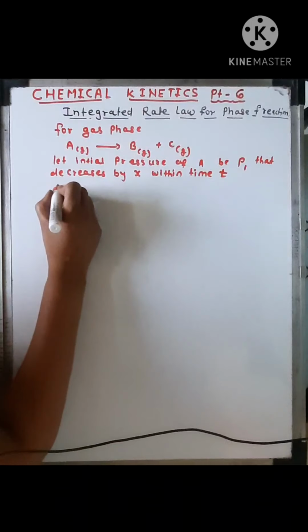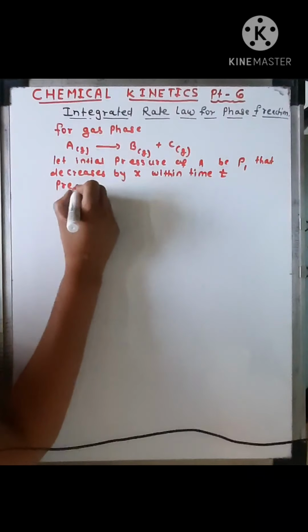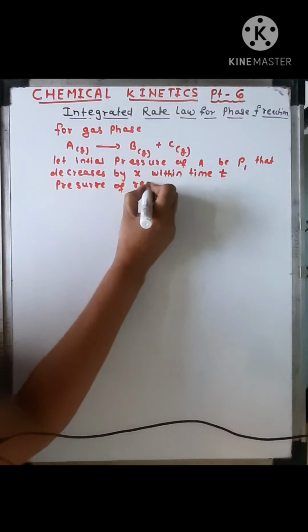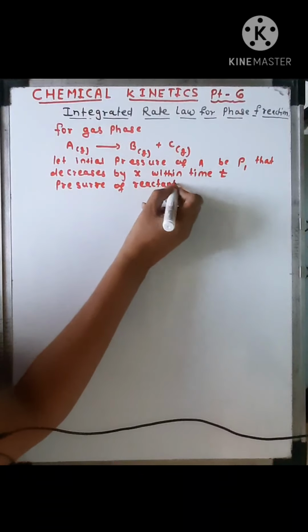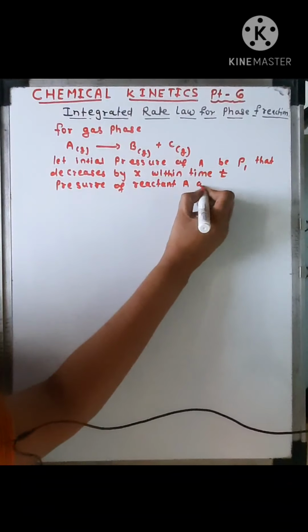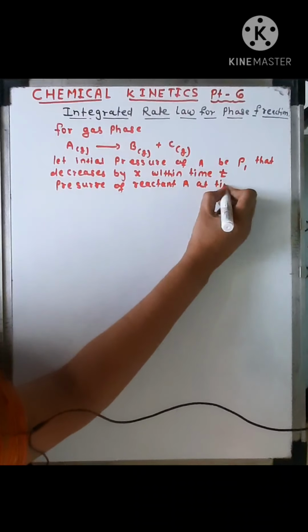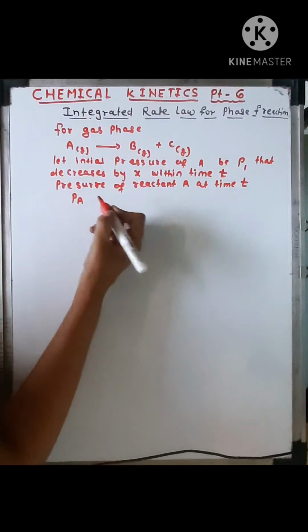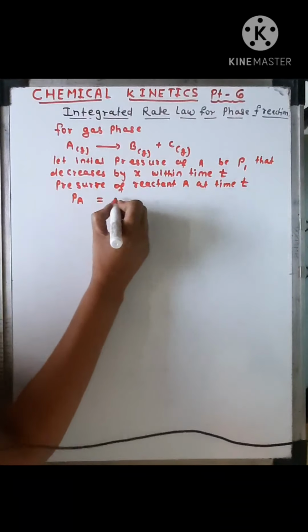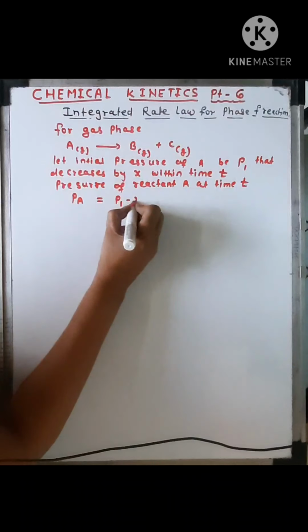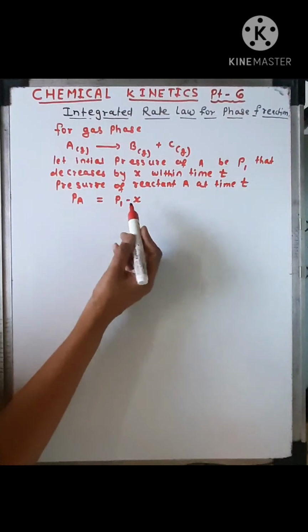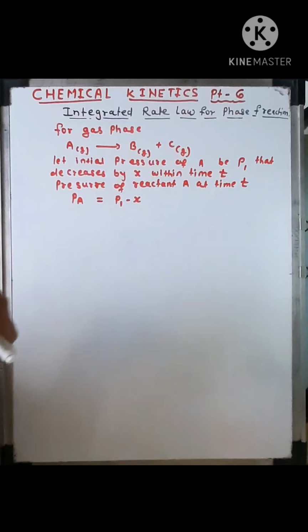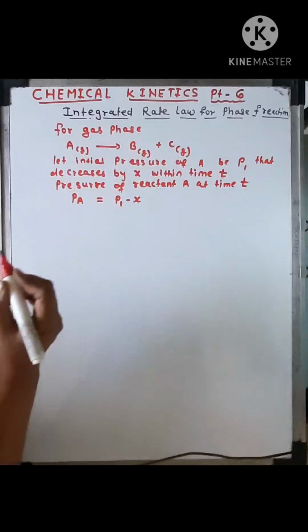Then pressure of reactant A at time t, that is PA, is equal to P1 minus x. At time t, the pressure decreases by x, so PA is equal to P1 minus x.